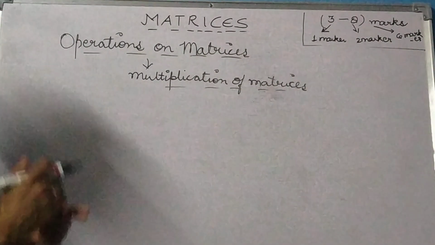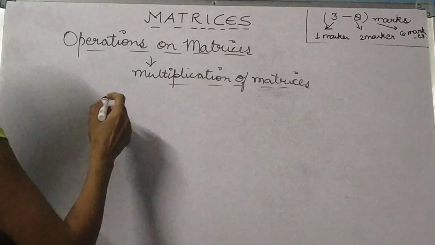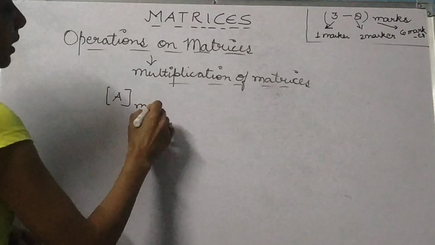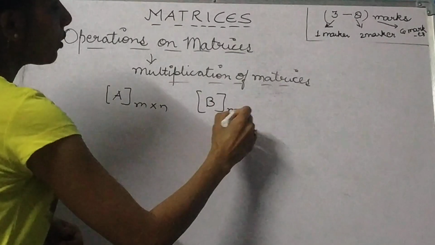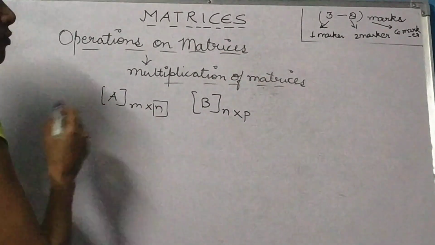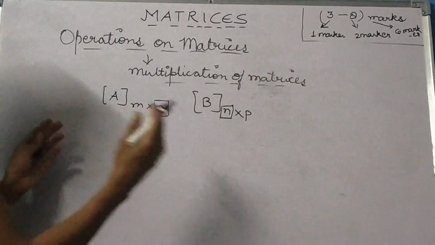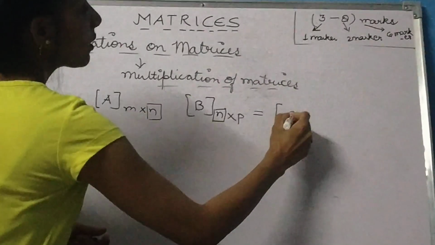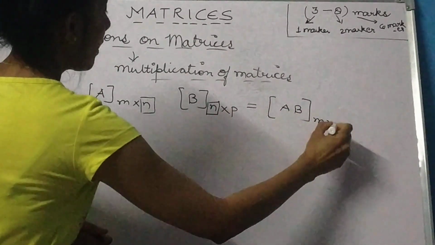Two matrices can be multiplied only if they follow this rule. If we have matrix A of say m into n order and another matrix is of order n into p, that means your column of first matrix is equal to row of second matrix, then only the multiplication is possible and you will get the result as m into p.